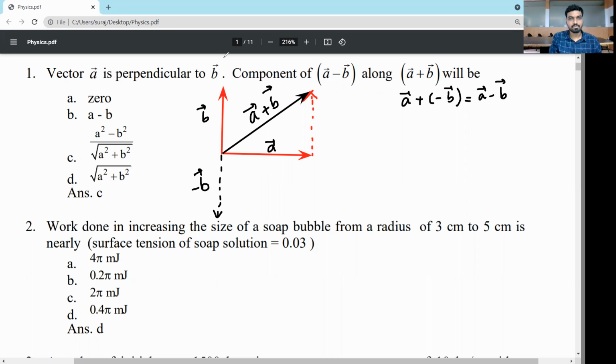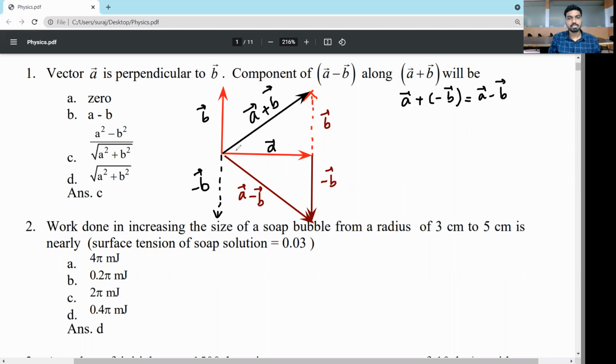For that, what shall we do? Again, we'll use the parallelogram law. This is minus B vector. This is the resultant, which is A vector minus B vector. This is plus B vector and this is minus B vector. What is given? The component of A vector minus B vector along A vector plus B vector.